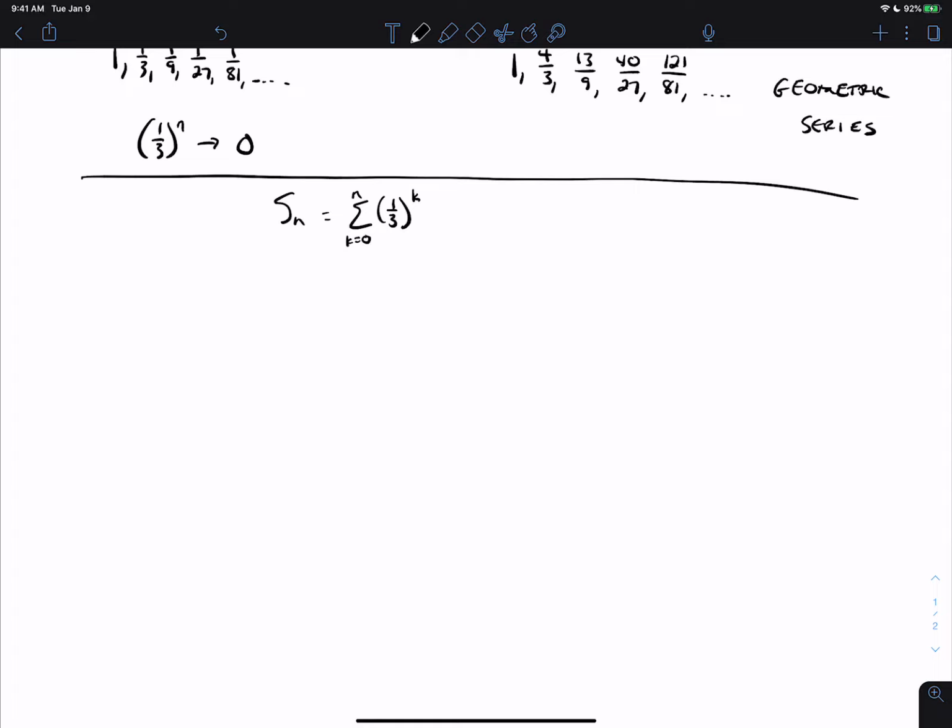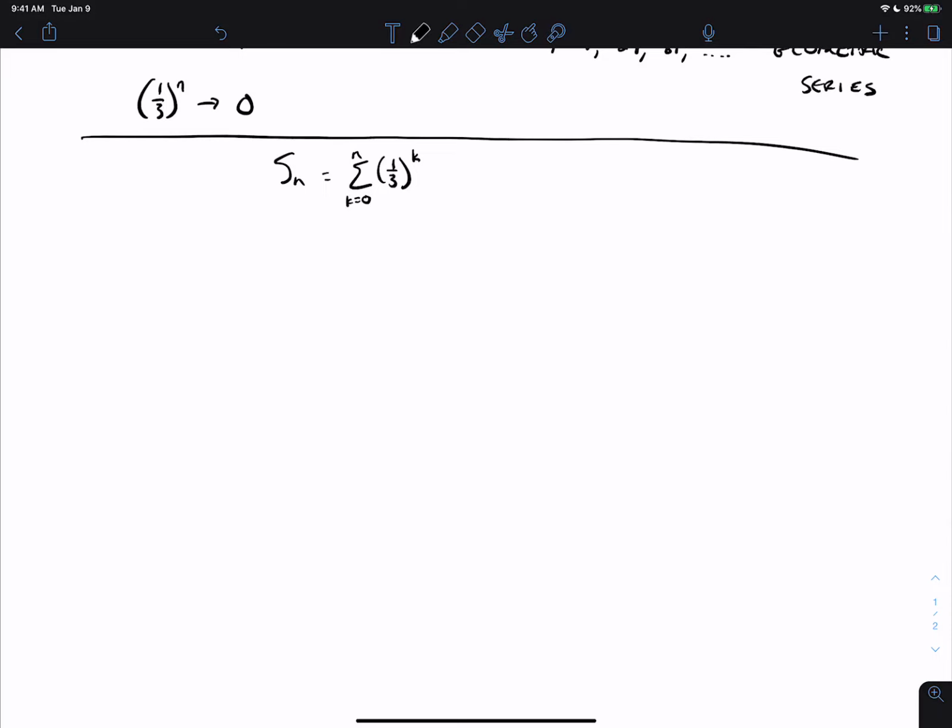And so the goal is to get a formula that does not involve sigma notation that would represent this partial sum. And so what we're going to do here is not what we normally do. We're going to do it for this, and then we're going to do it for a general geometric series. But the goal of this is so that we can skip this in general.